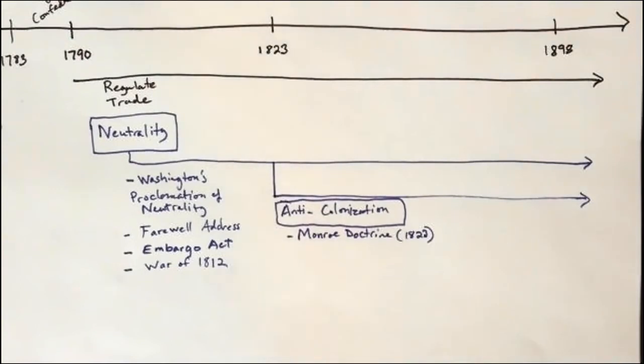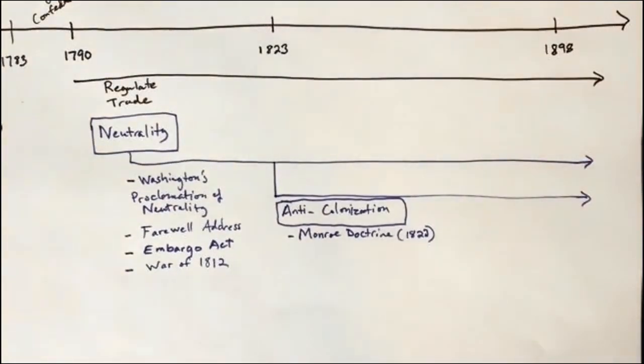And that would not only threaten the independence of people around the world, it would not only go against our democratic values, but it would also threaten our own neutrality, because as these European countries would come over to our part of the world, it might draw the United States into foreign entanglements, like foreign wars. And so the Monroe Doctrine is this strong stance that the United States takes that says for European countries to stay out of our side of the world.